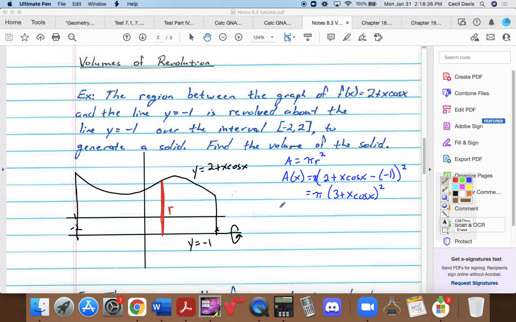So now to find the volume, we'll take the integral of the area times dx.